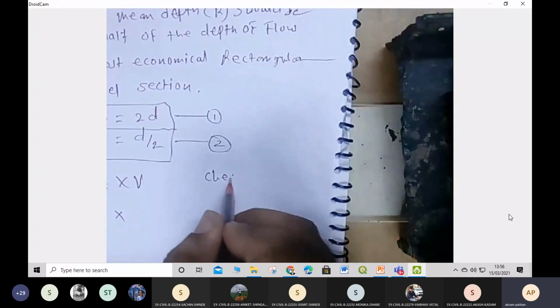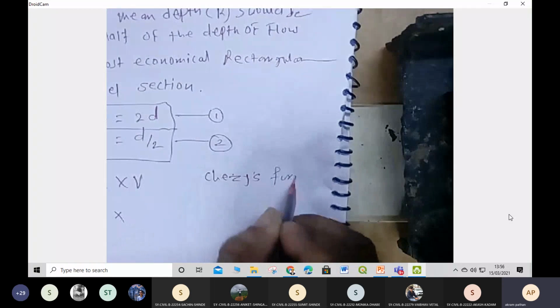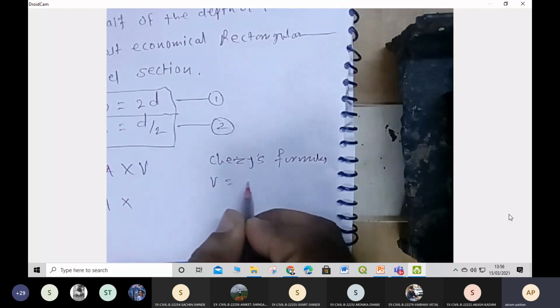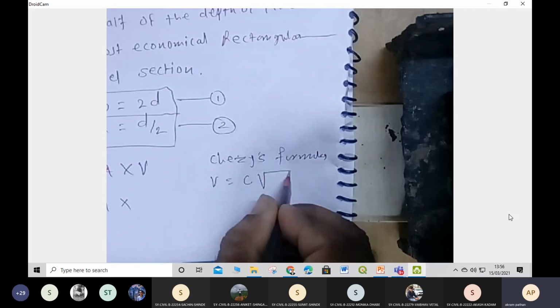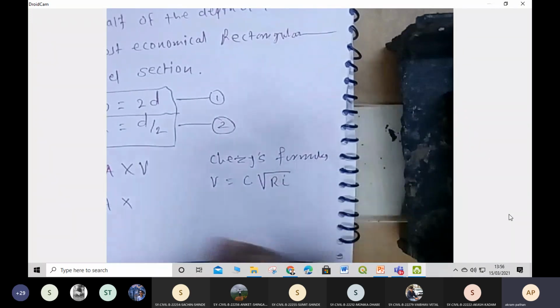So Chezy's formula for velocity: v is equal to C under root RI.